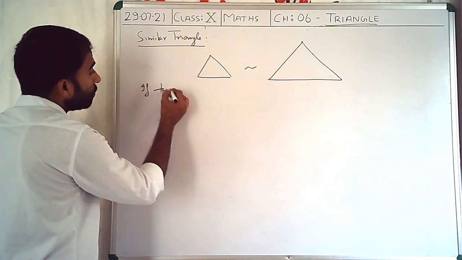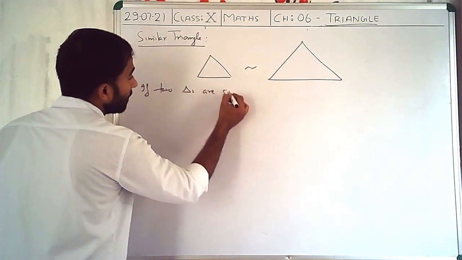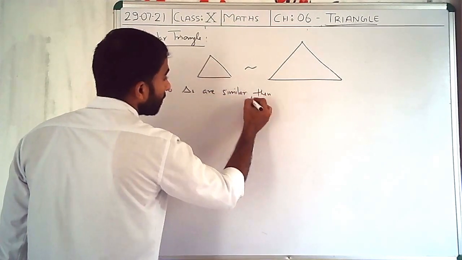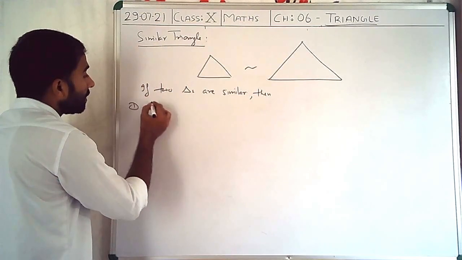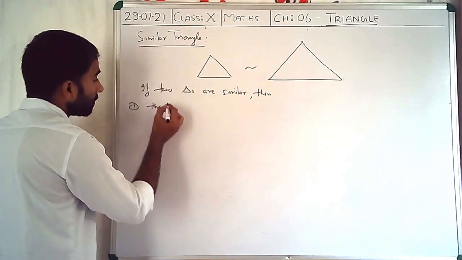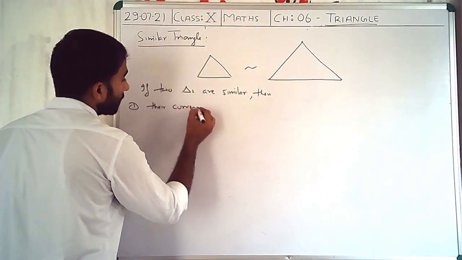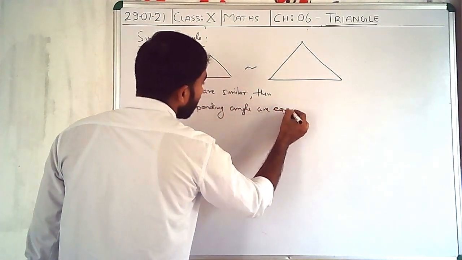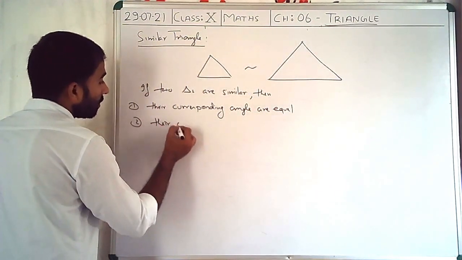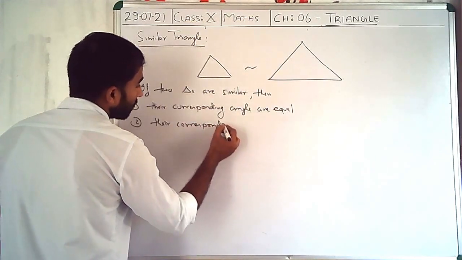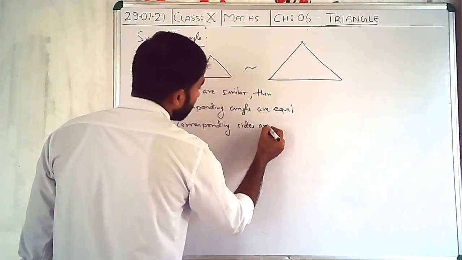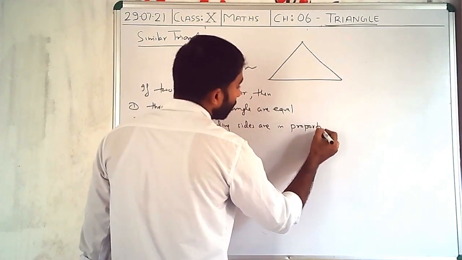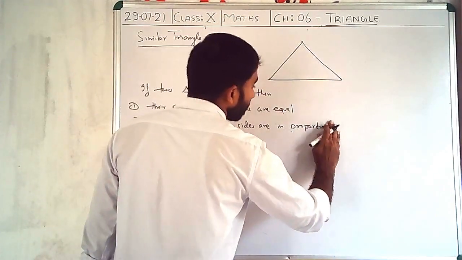If two triangles are similar, then their corresponding angles are equal and their corresponding sides are in proportion, or you may say in equal ratio.